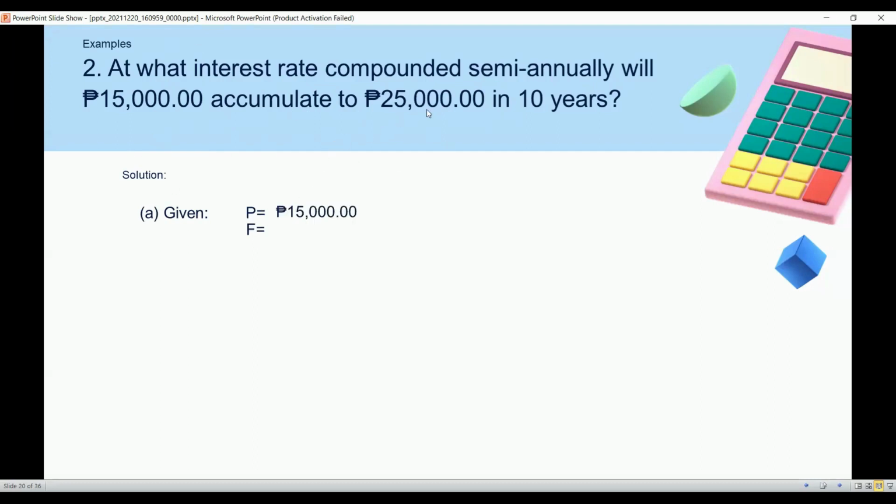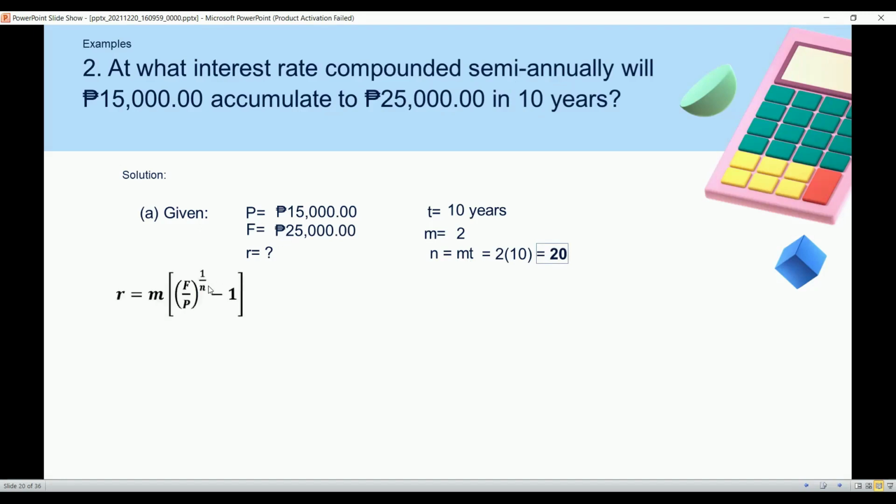F ay 25,000 pesos. T ay 10 years. M is compounded semi-annually, so 2. N is M times T, so 2 times 10, we have 20. And ang ating R ay missing, so wala tayong I. So ito yung gagamitin nating formula.